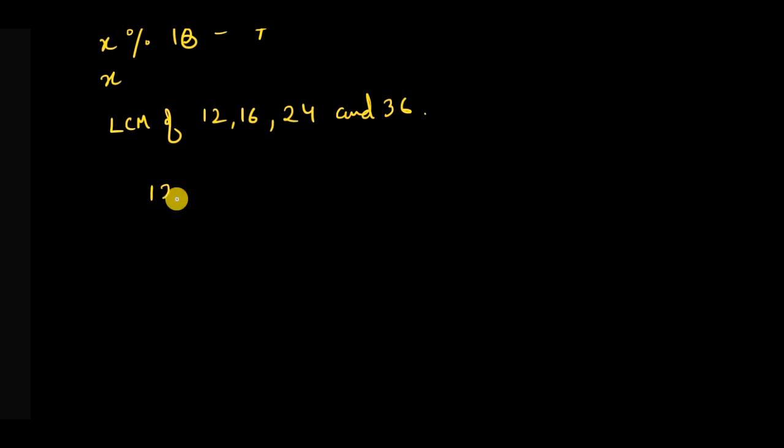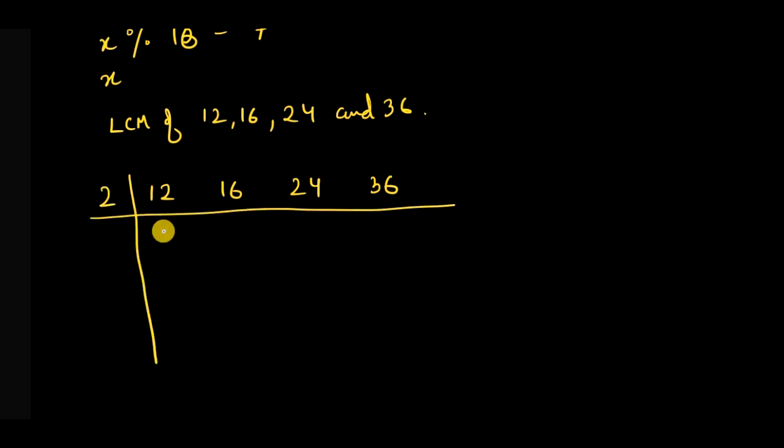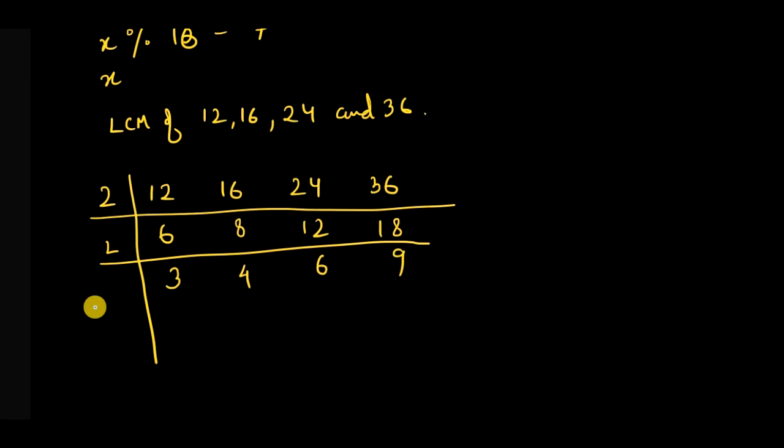We write down 12, 16, 24, 36. First divide by 2: 6, 8, 12, 18. Again by 2: 3, 4, 6, 9.